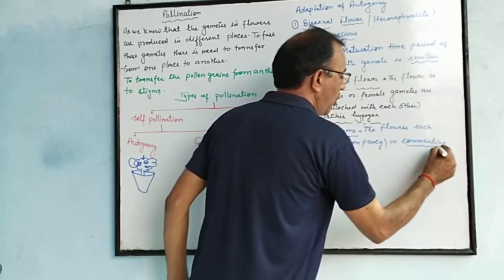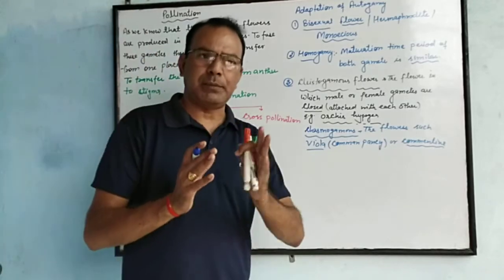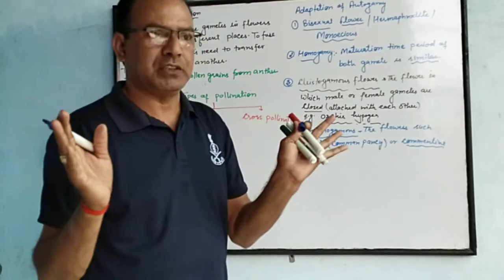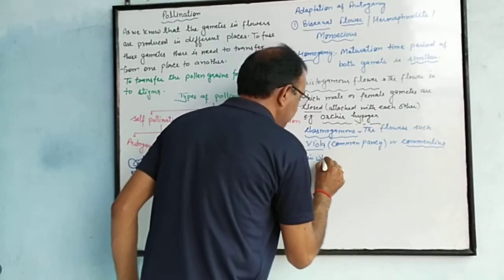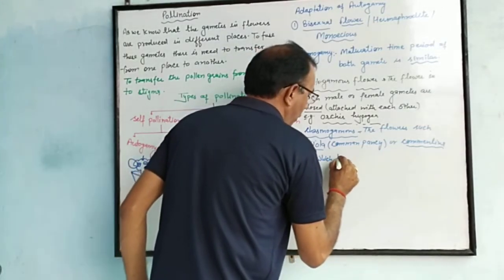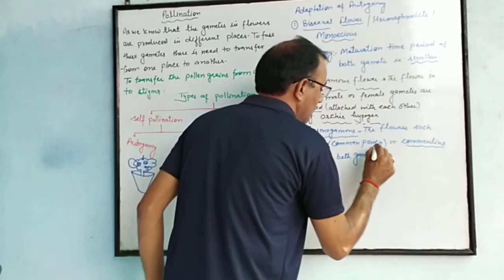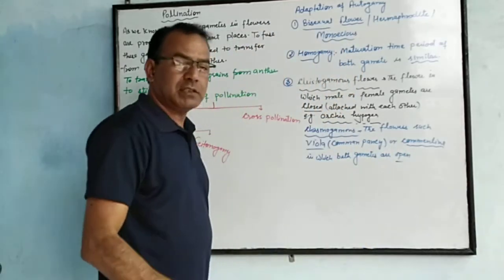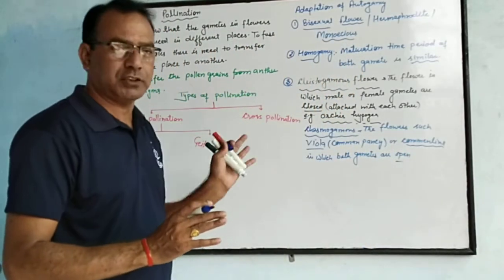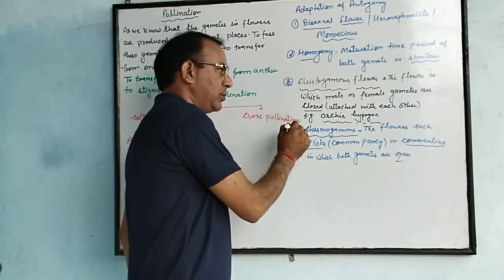The flowers of commelina and viola, in which both the gametes, male and female, are free from each other, open, in which both the gametes are open, means free. They don't touch each other. This type of arrangement is called chasmogamous.